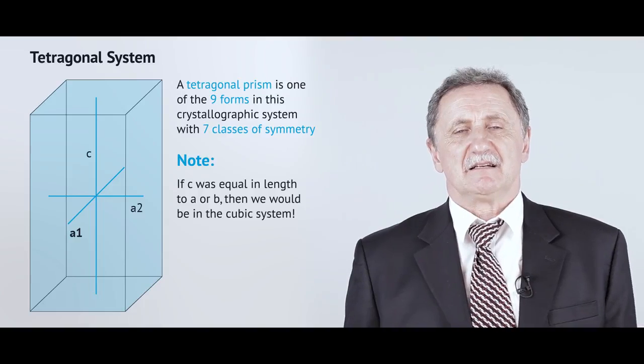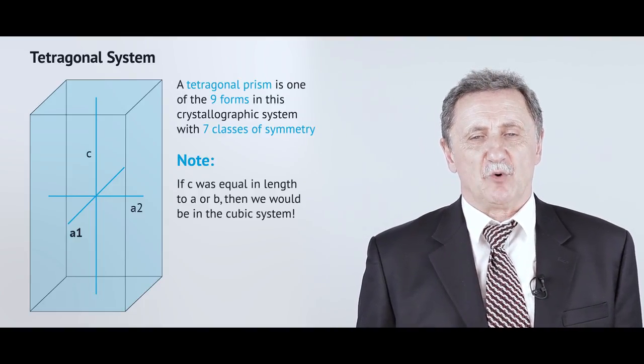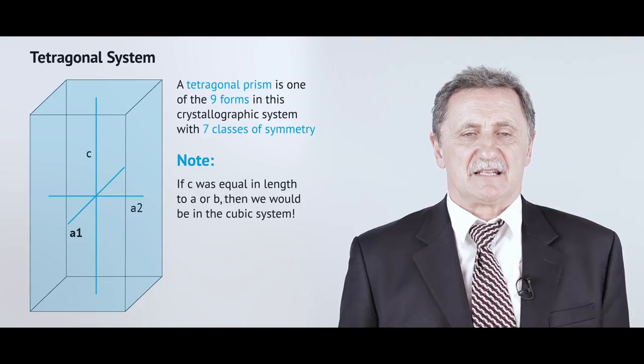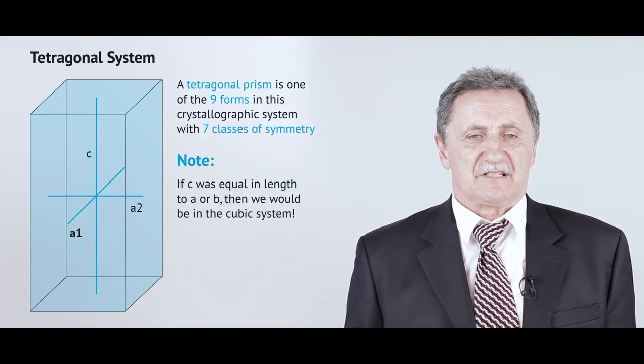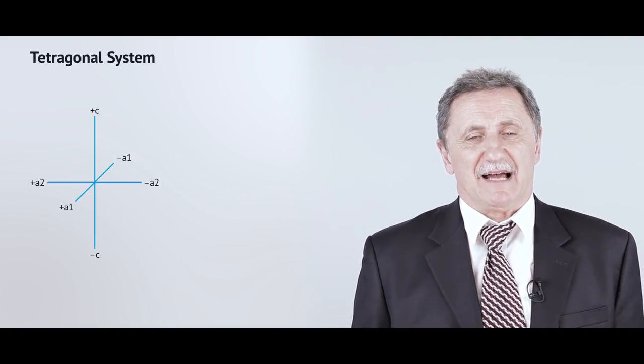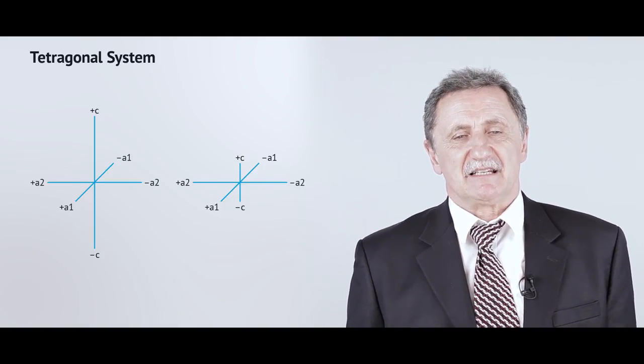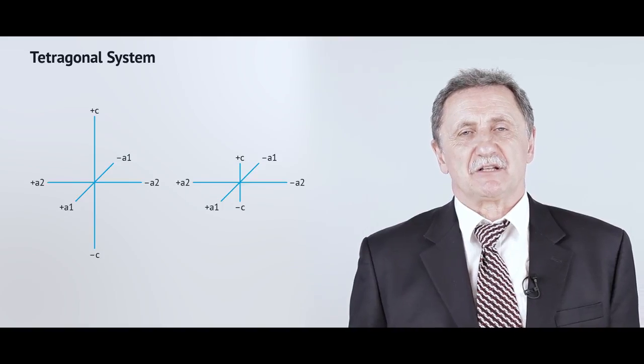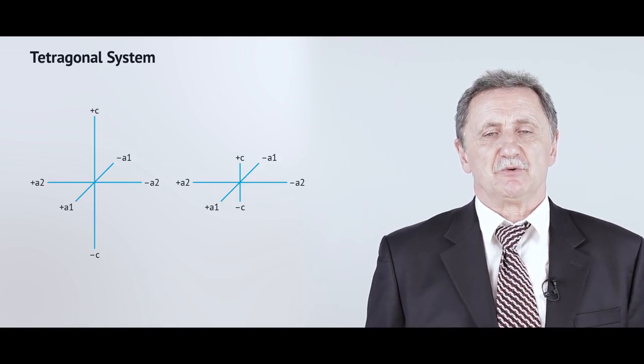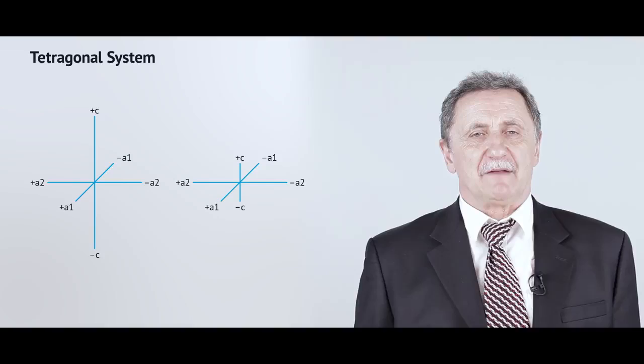This is the second crystal system from the standpoint of symmetry. Of course, if you applied some force and somehow made C equal to A and B, this tetragonal unit cell would transform into a cubic one.